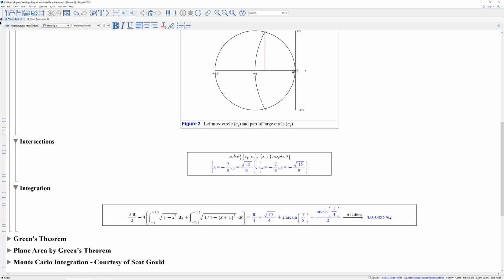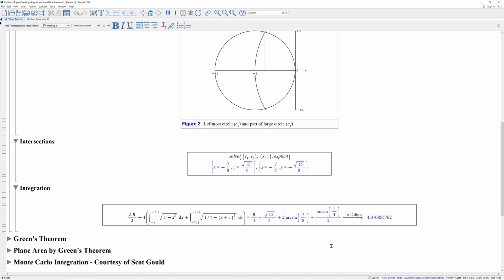This is -1. This is -1/2. So this is just integral 0 up to y, 0 up to y. Maple does this very nicely. It gives this exact expression, and if I float it, I get this approximate value, decimal approximation. And so that's the target number I'm using to actually get my hands on the value of the area of this figure.